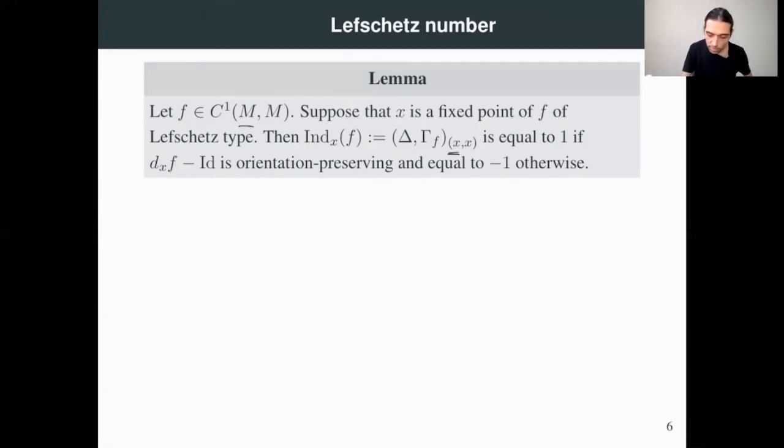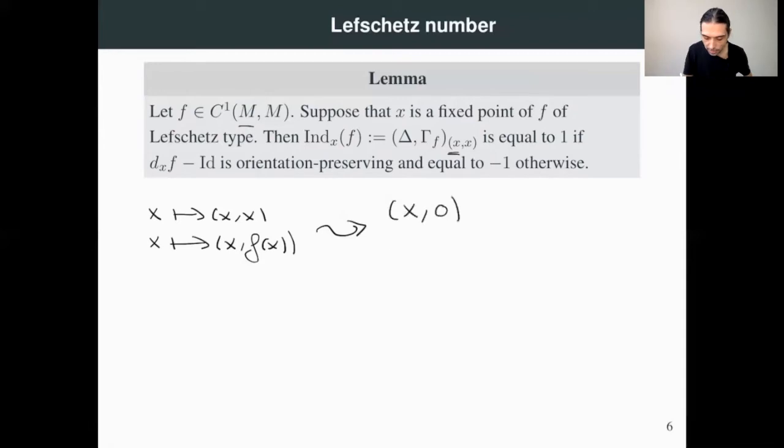What we saw is that the diagonal was parameterized by this map, and the graph was parameterized by this map, and that we consider an orientation preserving diffeomorphism that transforms (x,x) into (x,0) and (x, f(x)) into (x, f(x) minus x).